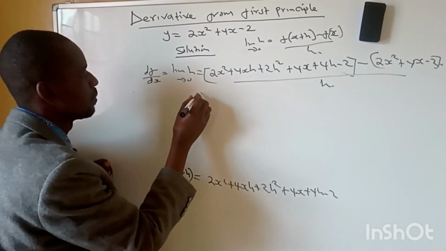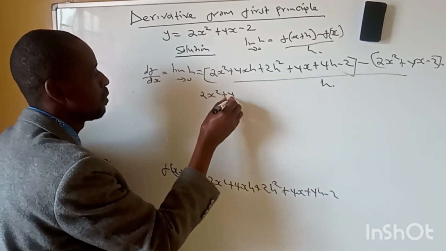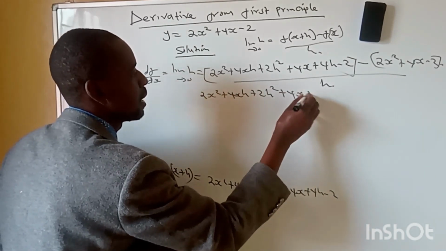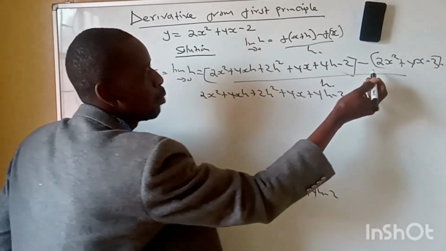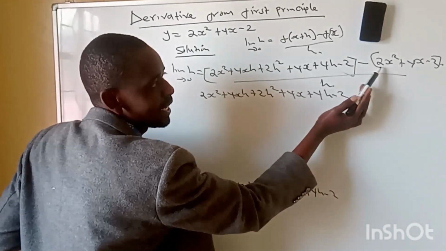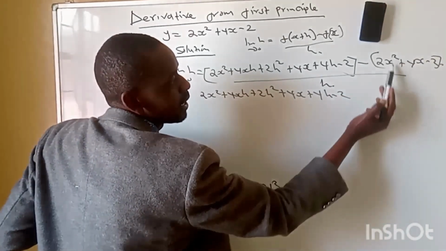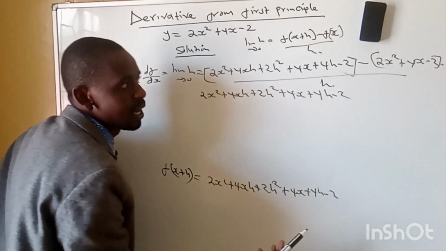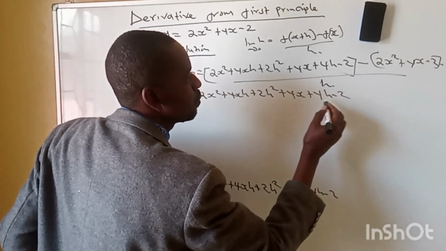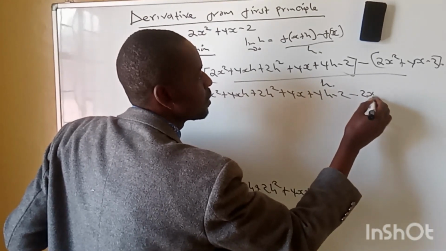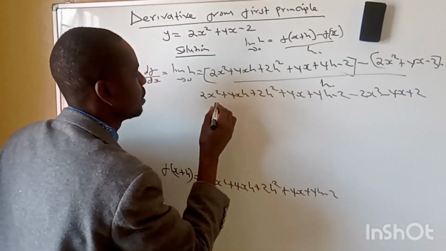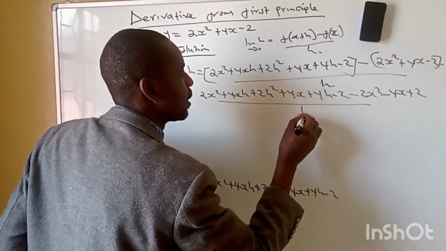So we have 2x squared plus 4xh plus 2h squared plus 4x plus 4h minus 2. Open up the bracket. Class, when you open up the bracket with a negative, everything here, the signs are going to change. So we have minus 2x squared minus 4x plus 2, all over h.